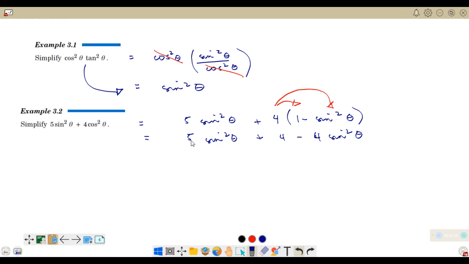So, ano na mangyayari dito? We have 5 minus 4. So, kaparehas lang din yan nung rules natin sa algebra. We are going to combine like terms. They have the same factors dito. Naka-affect sa kanila parehas ay yung, say for example, variable na x. We have sine squared theta for x. So, simplify natin siya. You will be left with sine squared theta na lang because 5 minus 4 is 1 plus 4.